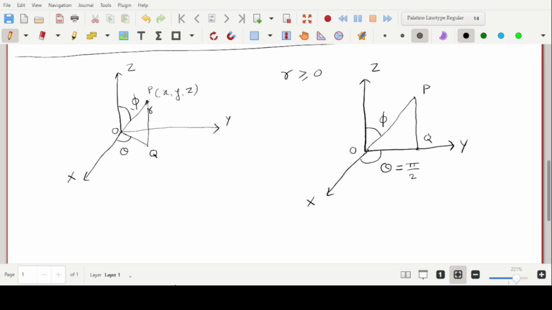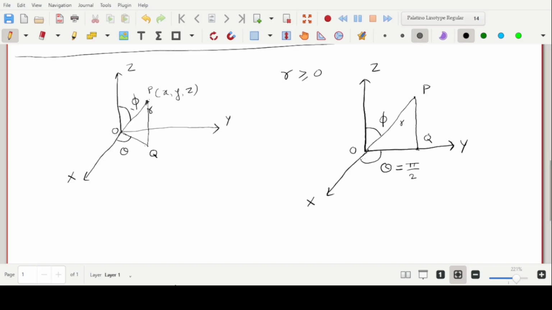So now, is this P the only point that is at a distance r from the origin, and such that point Q makes angle pi by 2 with the positive x-axis? That is the question that we ask.